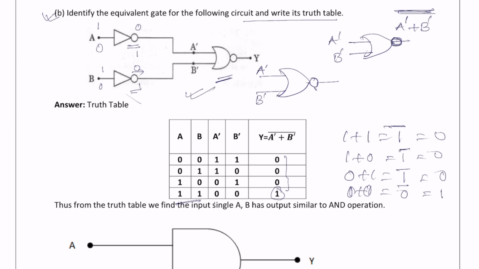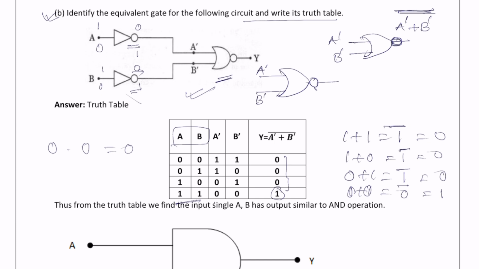Now, if we see the input voltage versus the output voltage, what it does actually, see, it ANDs. Means 0 and 0, if you multiply 0 into 0, what is happening? It is 0.